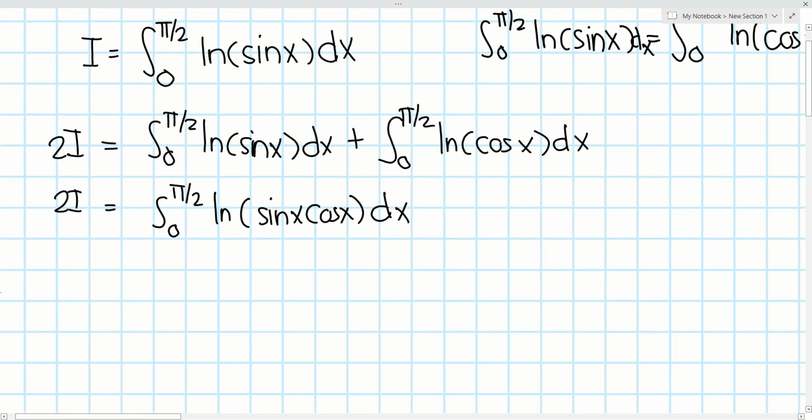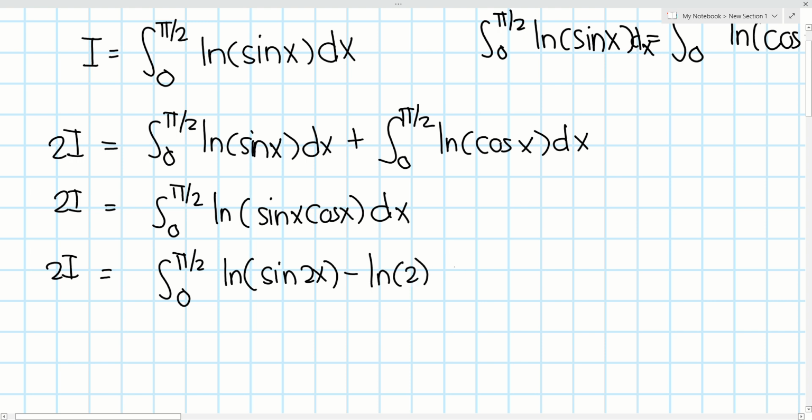So basically we get 2I, and using the double angle identity, this is equal to the integral from 0 to pi over 2 of ln of sine 2x over 2, or ln of sine 2x minus ln of 2, dx.